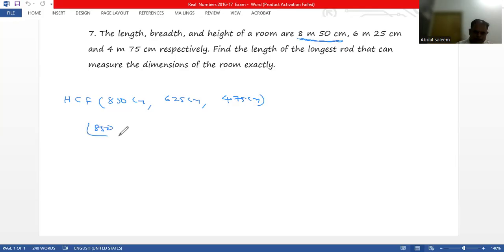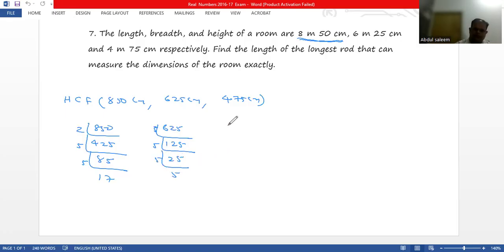So 850, if you divide with 2, is 425, and again divisible with 5, it is 85, and again divisible with 5, it is 17. Then 625 is divisible with 5, it is 125, then again 5 is 25, and 5 is 5.